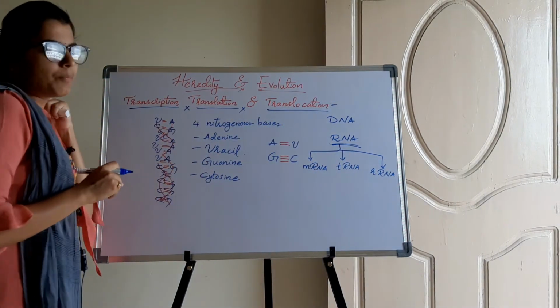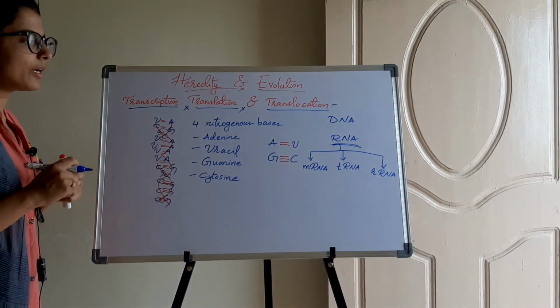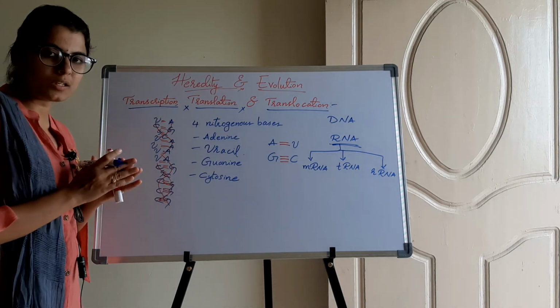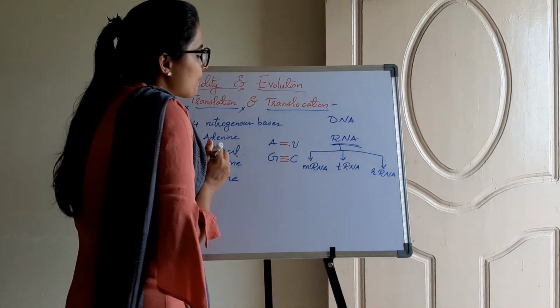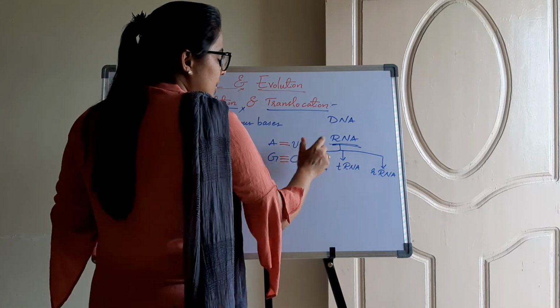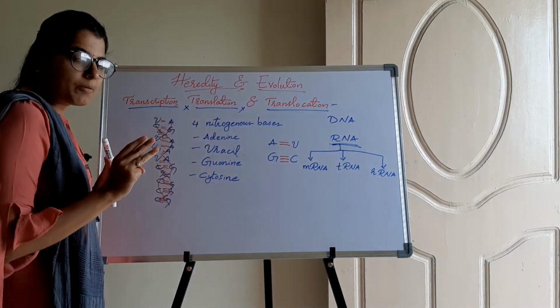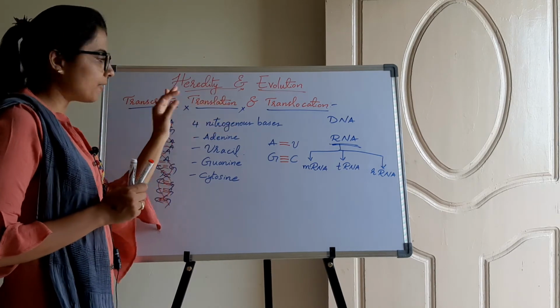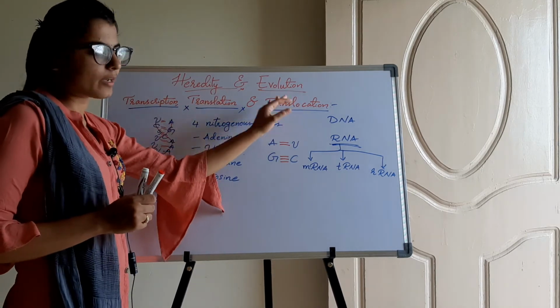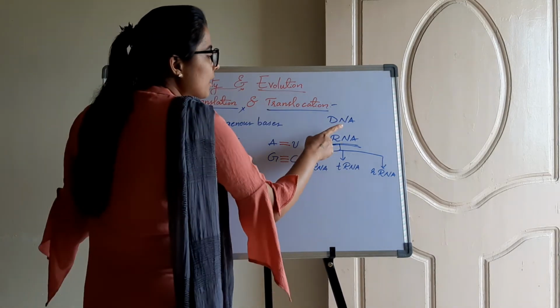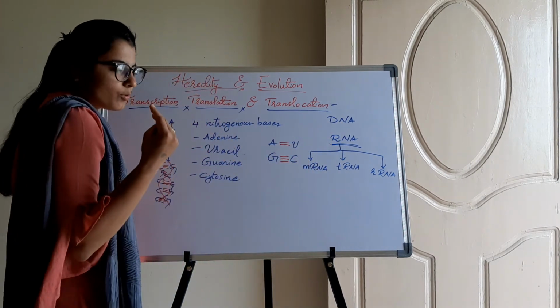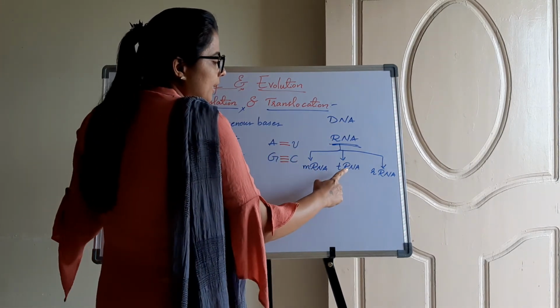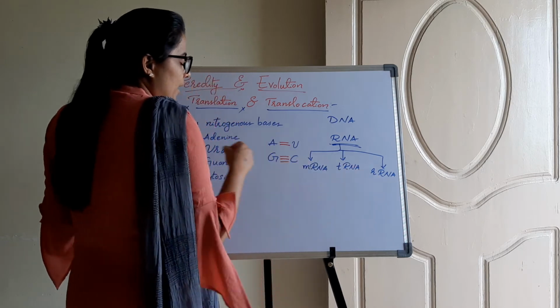These are the basic 3 types of RNA which are mentioned as per your 10th syllabus in your textbook. You have to remember them to understand transcription, translation and translocation in a better way. RNA is of 3 types: mRNA, tRNA, rRNA.